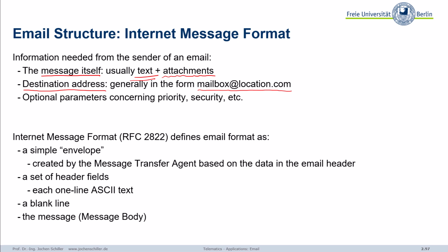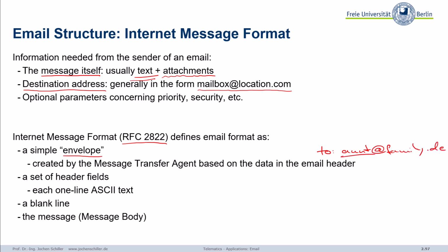Okay, so we need a standard for this, and one of the relevant standards is shown here, the 2822 for email formats. So describing envelopes created by the MTA based on the data and email header. So you write your email, and in the email header you write, oh, this goes to my aunt at family whatever.de.